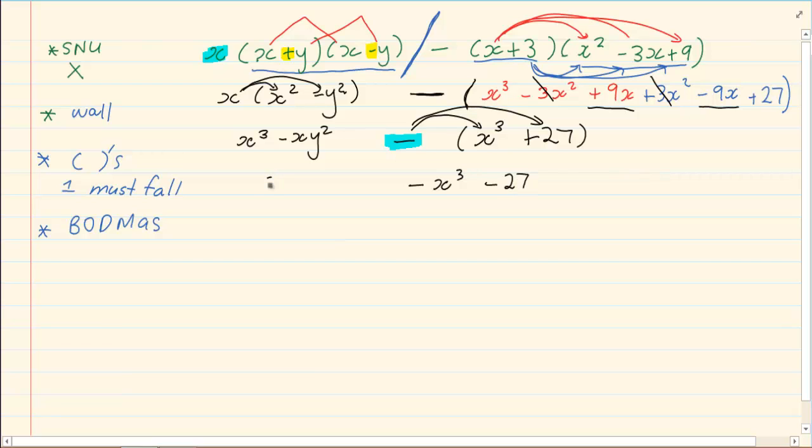Bringing this down, we've got x cubed minus xy squared. We can cancel out. There's no brackets. We are adding and subtracting. We can cancel out minus x cubed and positive x cubed. So our final answer is minus xy squared minus 27.